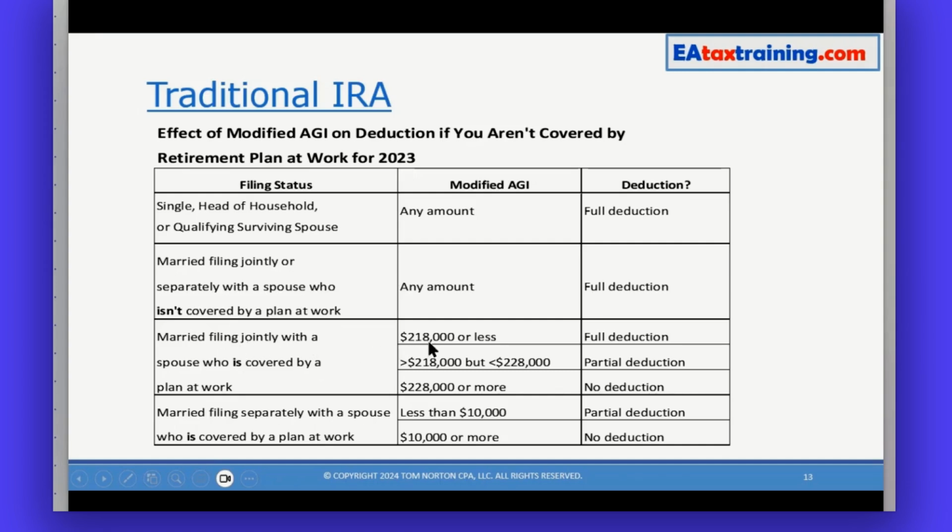Then if your modified AGI is $218,000 or less, you can take the full deduction. If it's $228,000 or more, no deduction, and in between, it gets phased out and you have a partial deduction. If you are married filing separately and you have a spouse who is covered by a plan at work, it's the same rules that we saw before. Less than $10,000, partial deduction, $10,000 or more, no deduction.